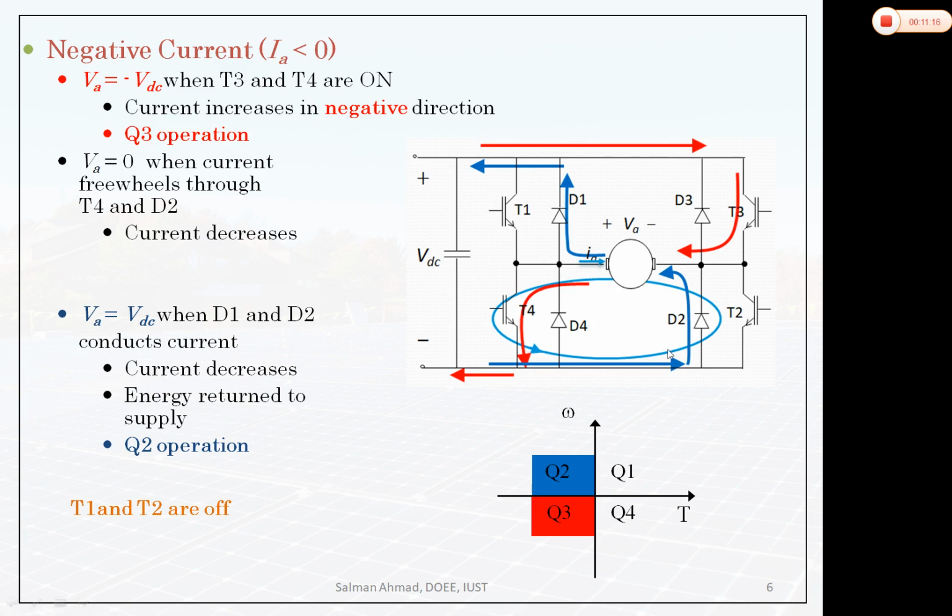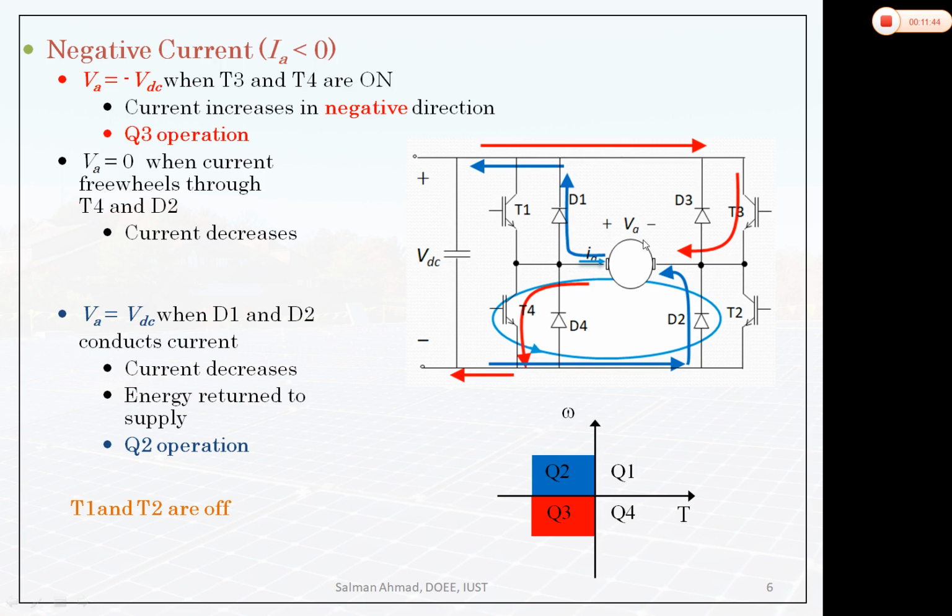Now again if D1 and D2 are conducting, you can see here, D2 is conducting, D1 is conducting like this, so current is again entering the negative terminal, so current is negative. What will be the voltage applied across the armature? This positive will appear here and this negative will appear here, so it is in the same direction as assumed. So the armature voltage applied will be positive.